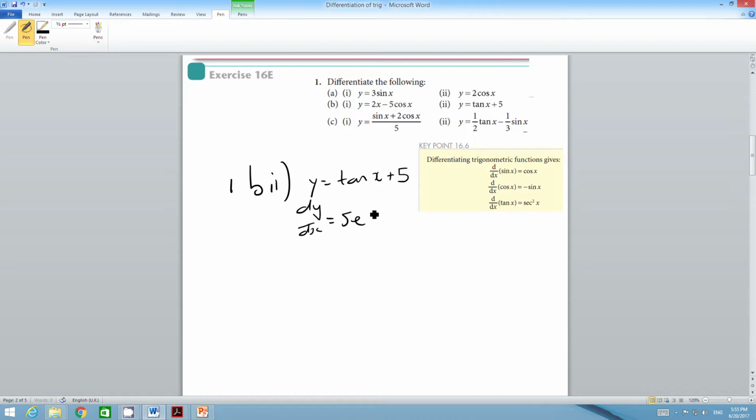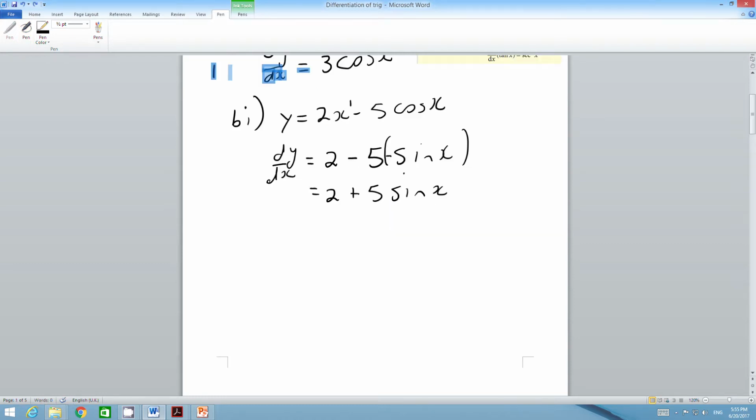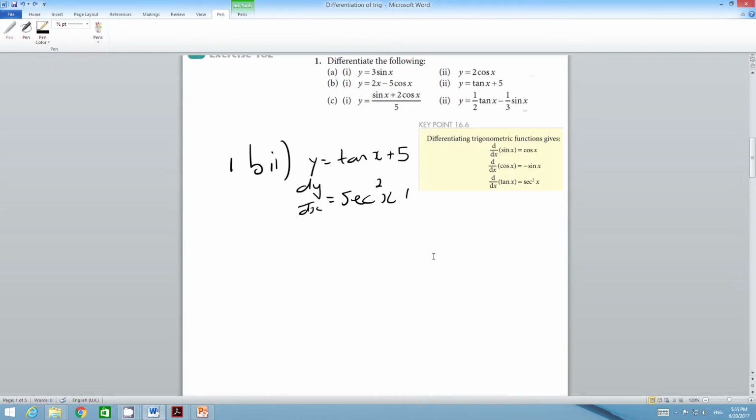So I'm going to write here secant squared of x plus 5. Now the derivative of a constant, of a number, remember there's no x. So this is x to the power of 0 if I wanted to think about it like this. But the derivative of a constant is 0, so I can write plus 0, or I can just omit that. Let's activate the pen, sorry for that. So I do not have to write this plus 0 at all.